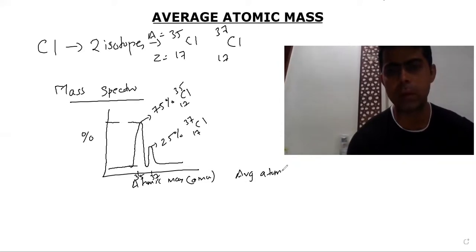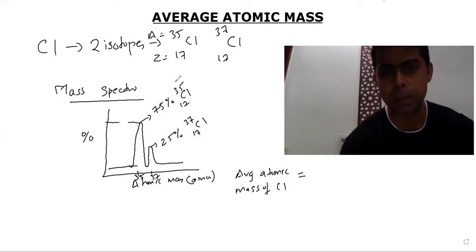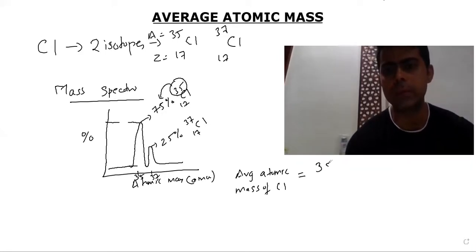average atomic mass of element chlorine will be, see, this isotope with mass 35, its percentage is 75. So 35 into 75 plus the chlorine with atomic mass 37, इसका occurrence कितना है? 25.